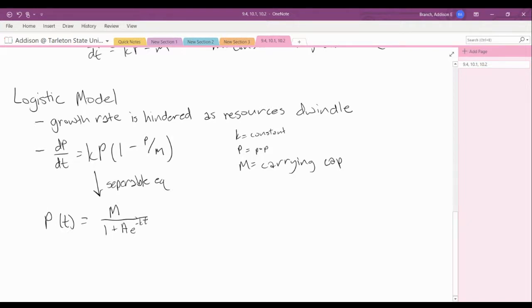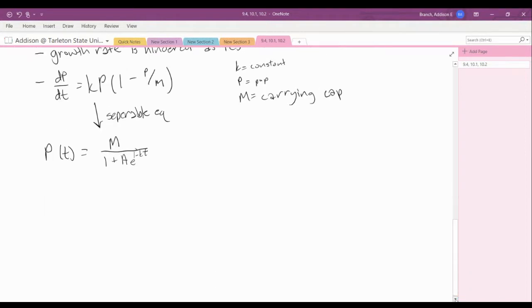And also within that proof, when you play with our initial population, we can also say that A is equal to (M minus our initial population) over our initial population.